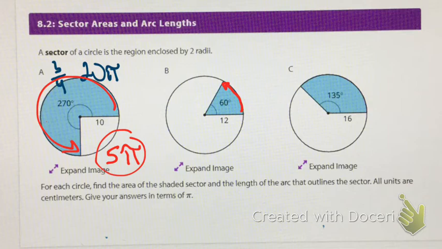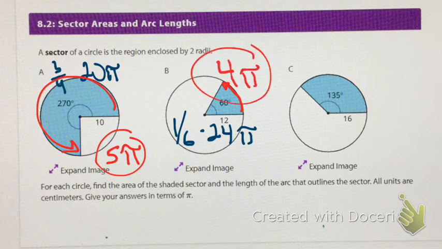So we're going to go 1/6 of pi times the diameter. Diameter is 24, because that's 12 times 2. And the pi is still the pi. 24 divided by 6 is 4. So that's 4 pi, and that's our arc length.